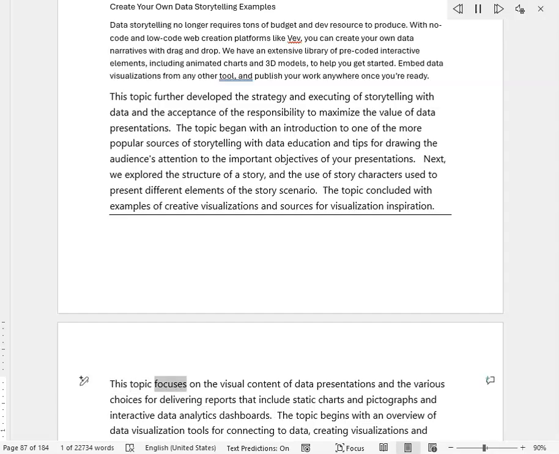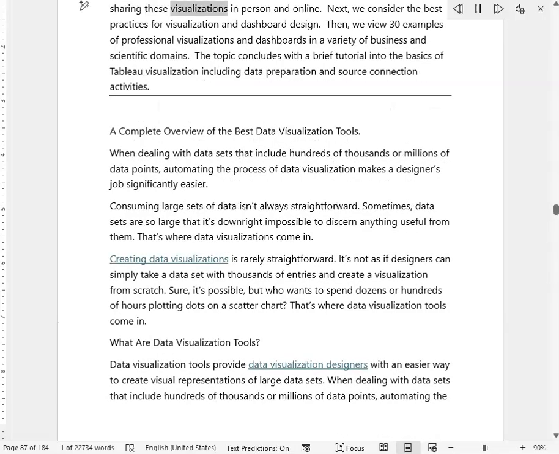This topic focuses on the visual content of data presentations and the various choices for delivering reports that include static charts and pictographs and interactive data analytics dashboards. The topic begins with an overview of data visualization tools for connecting to data, creating visualizations, and sharing these visualizations in person and online.